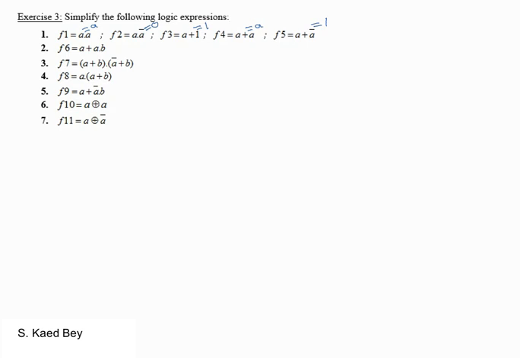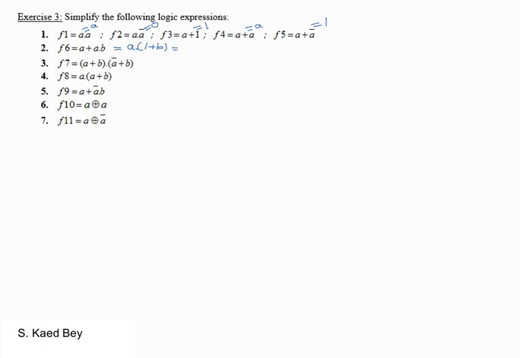Let's look at F6. F6 equals A ORed with A ANDed with B. This can be factored to get the following: A into 1 ORed with B. If we look at the 1 plus B, this is from the identity law.